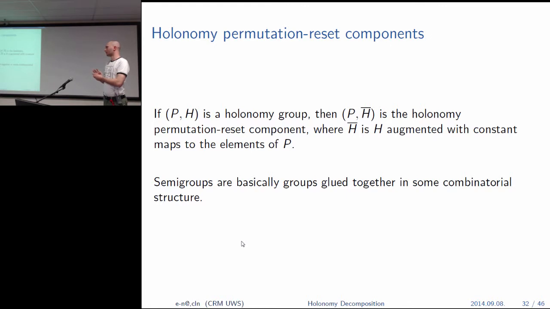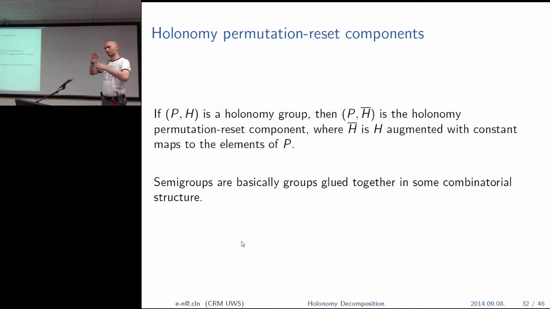If we just put groups together, we will get another group. Somehow we have to represent the irreversible operations, and that's why we put this bar over the group, saying that whenever we have a holonomy group, we will augment it with the constant maps to the elements of the set. But as you can see, in the holonomy decomposition it's very nicely separated.